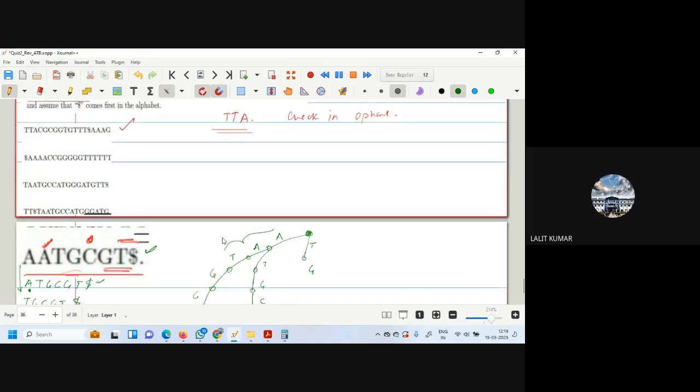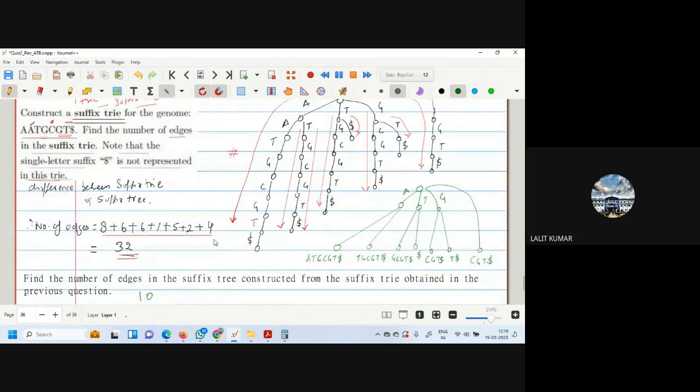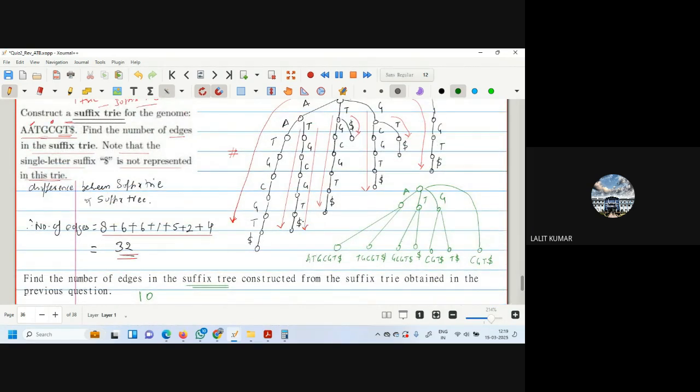So yeah. Okay. So next question, they have asked the number of edges in its tree. So now they have used the word tree. So now you know that this A which was there was bifurcating into two. So I put A here, and the rest everything can be represented by this.